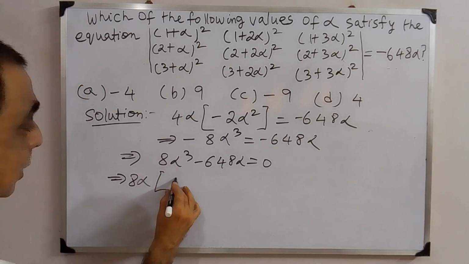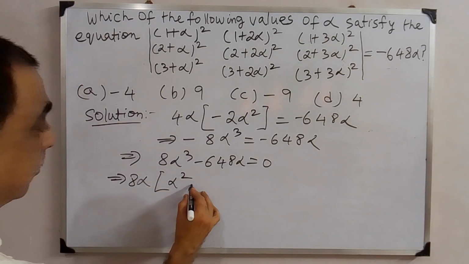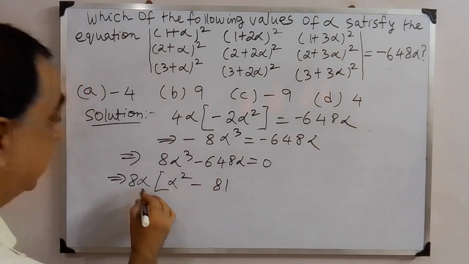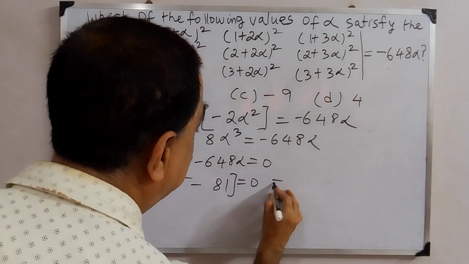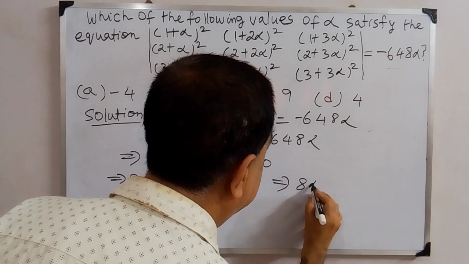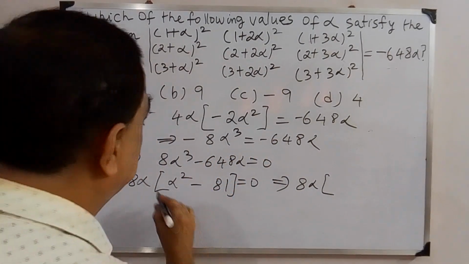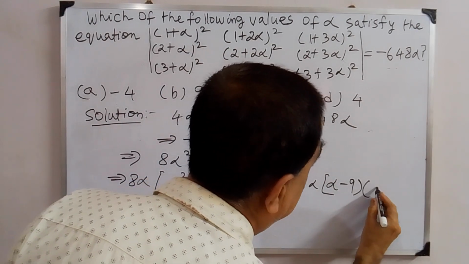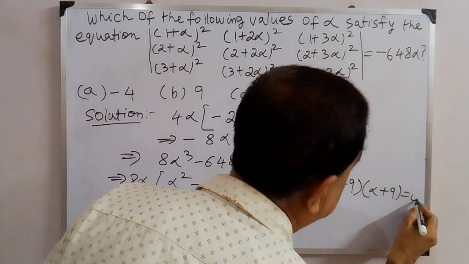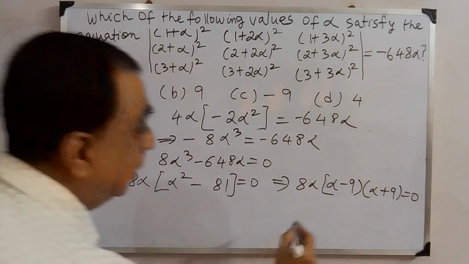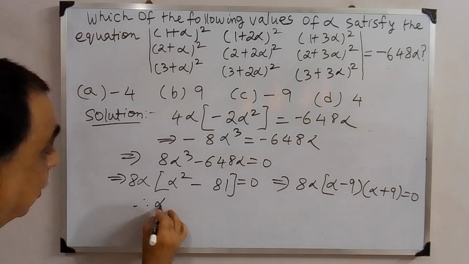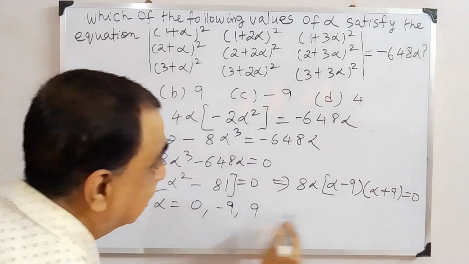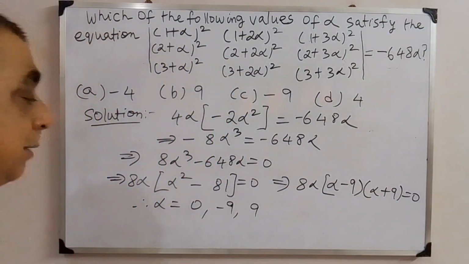Here it will remain alpha squared minus 648 divided by 8, which becomes 81. Alpha is outside, so that equals 0. So this becomes 8 alpha, and this is a difference of two squares. Factorize it: alpha minus 9 into alpha plus 9 equals 0. So what are the possible values of alpha? Alpha becomes either 0, minus 9 or plus 9. From here we are getting minus 9, from here we are getting plus 9.